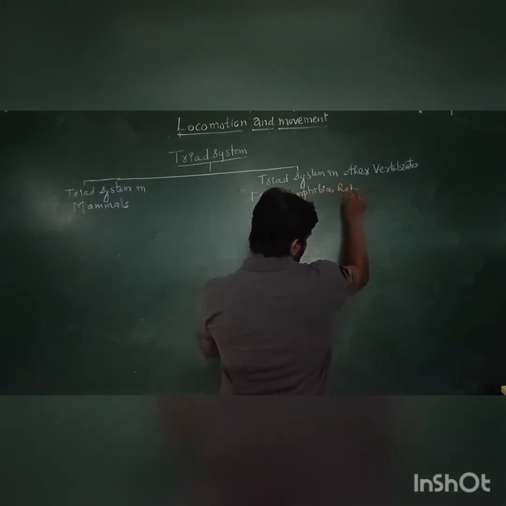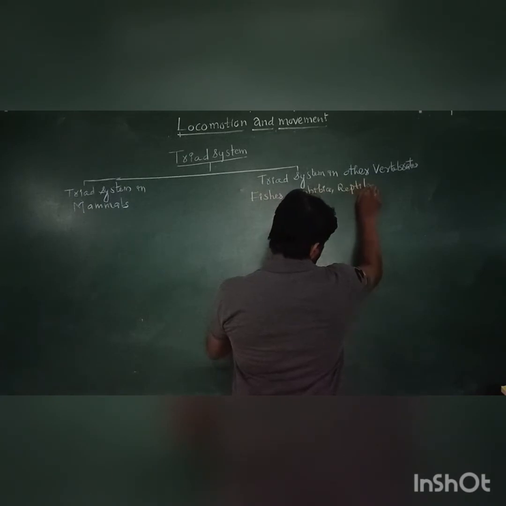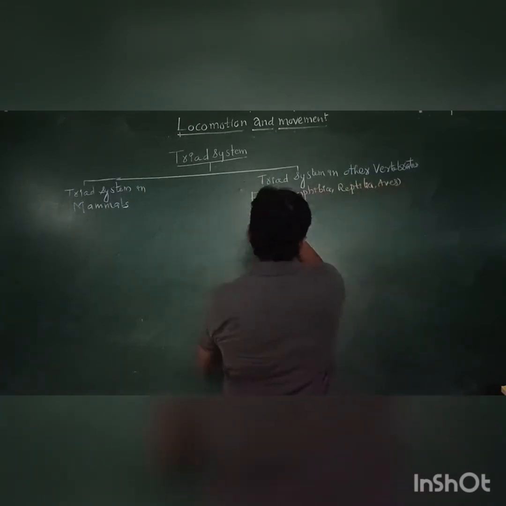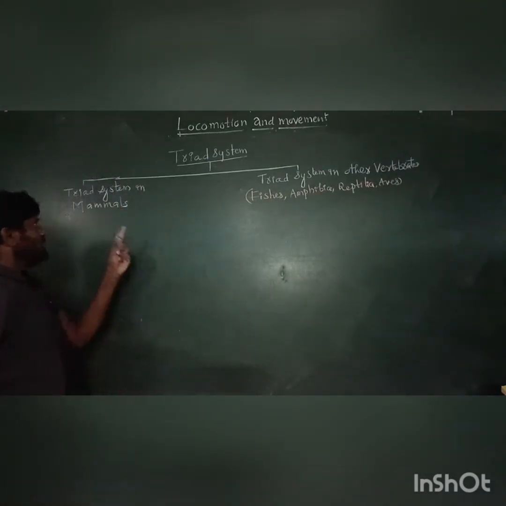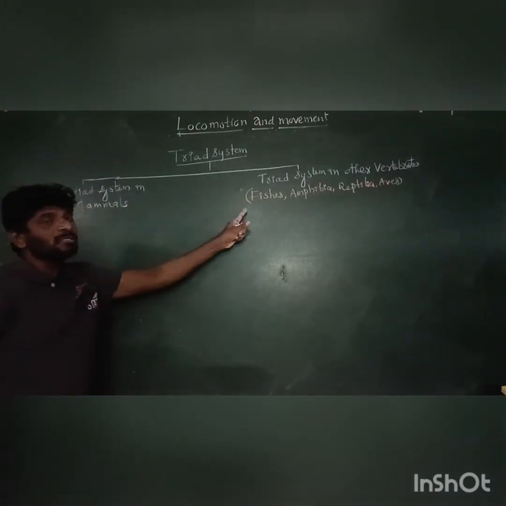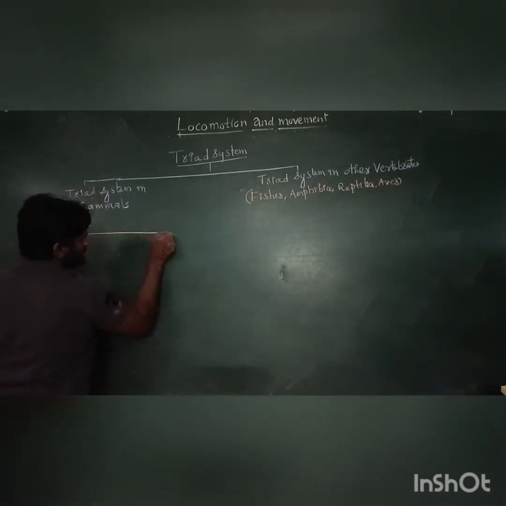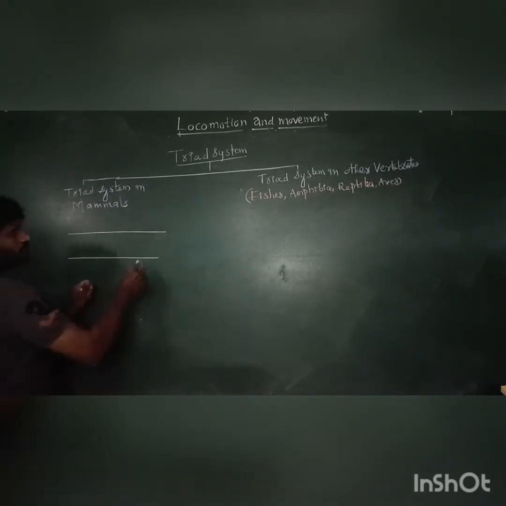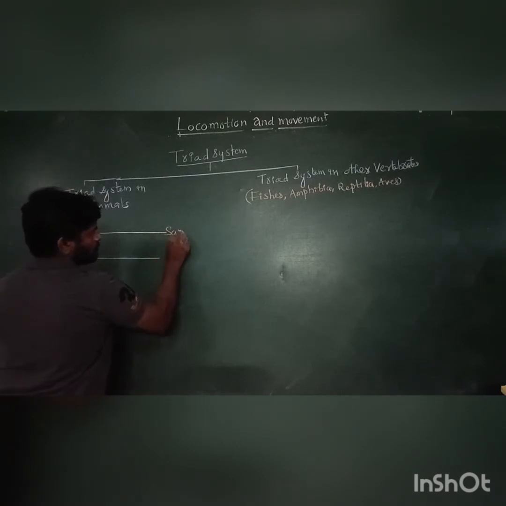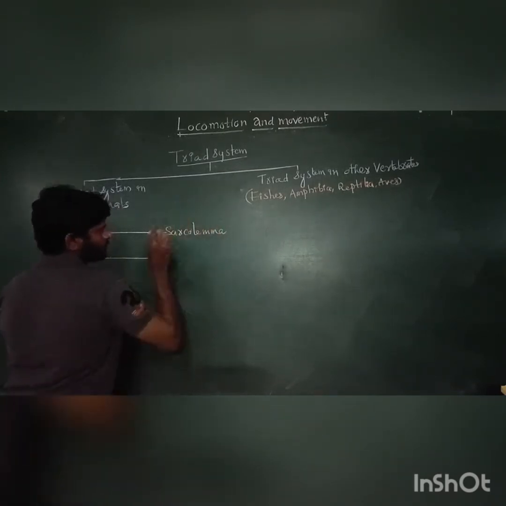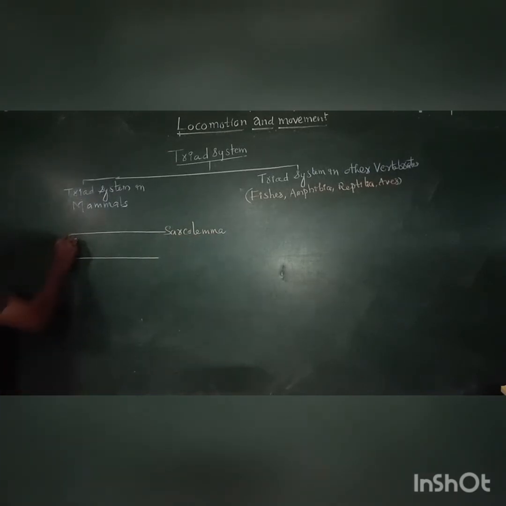Inside the terminal cisternae, calcium is stored when the muscle is at rest. Calcium ions in the terminal cisternae act as a reservoir, a store of calcium.